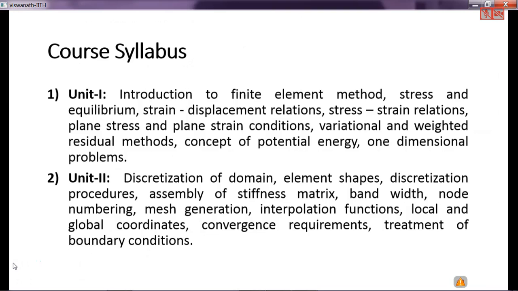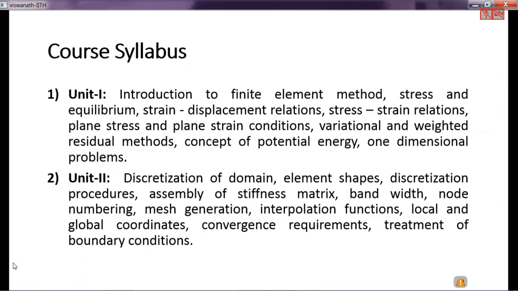Now, when you see the difference between classical mechanics and continuum mechanics, in classical mechanics, as you might have studied in your first year, each object is considered as a point mass or a point particle. However, now we are analyzing, let's say, a piece of a bar or a beam or something.